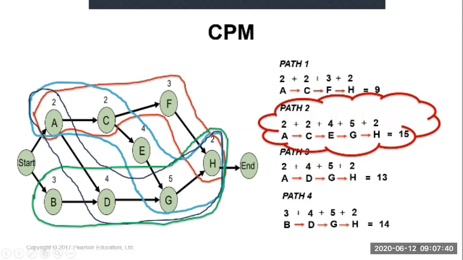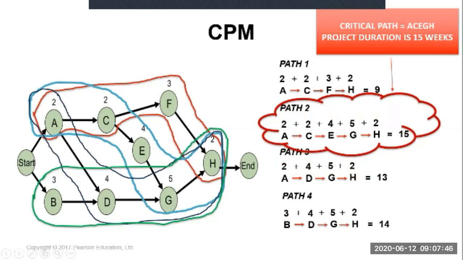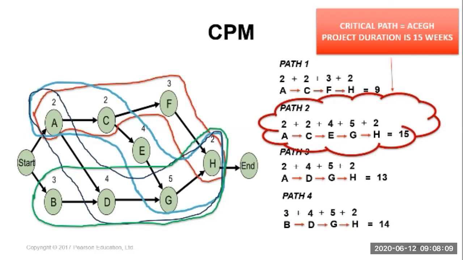This determines the project duration. So the critical path is A, C, E, G, H, and the project duration is 15 weeks. This project will complete within 15 weeks, not 14. Someone wrote 14 weeks; how did you get 14 weeks?